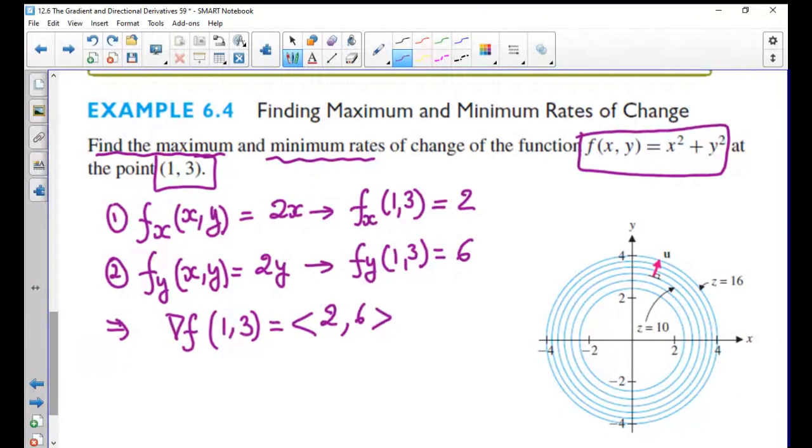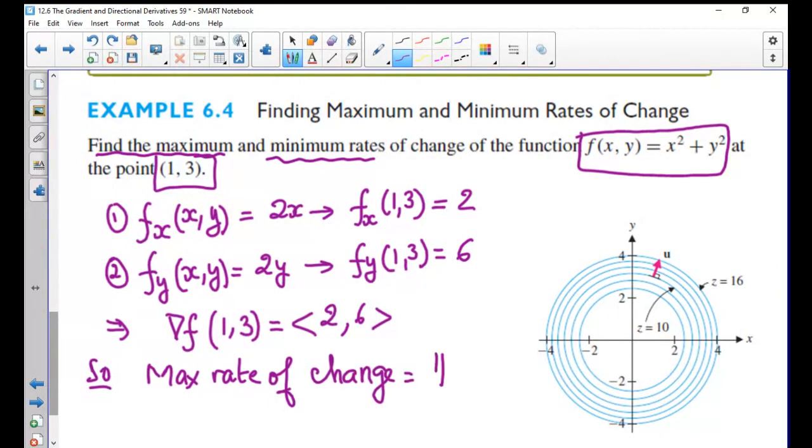Great. So this means the maximum rate of change: you want the maximum rate of change, you need to find the magnitude of the gradient. That's it.